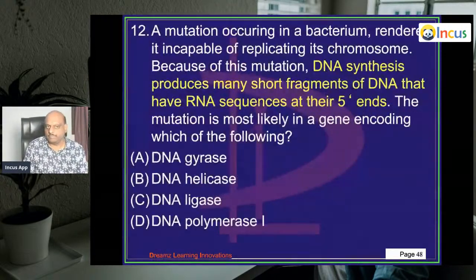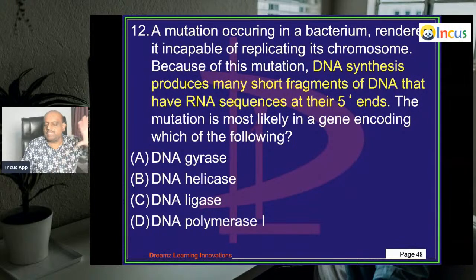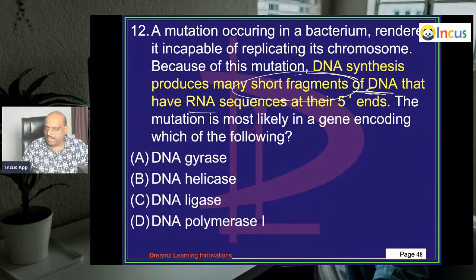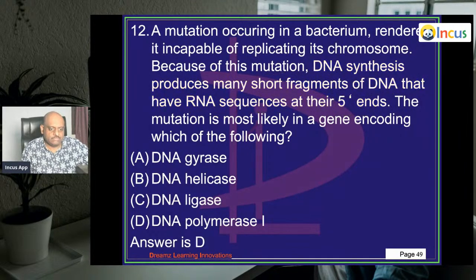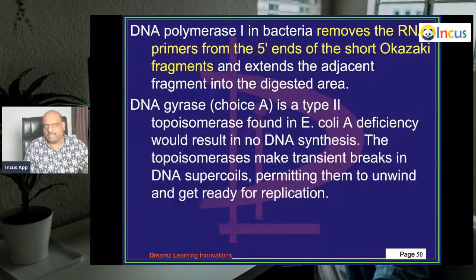Now, doctor, DNA synthesis produces many short fragments of DNA that have RNA sequences at their 5' ends because of a mutation. Whose mutation is that? You should know everything about what DNA polymerase 1 is doing, polymerase 2, ligase, helicase, gyrase. So what will DNA polymerase 1 do?